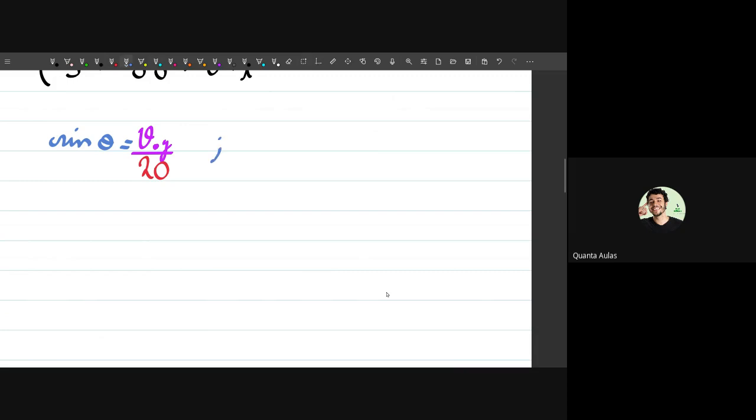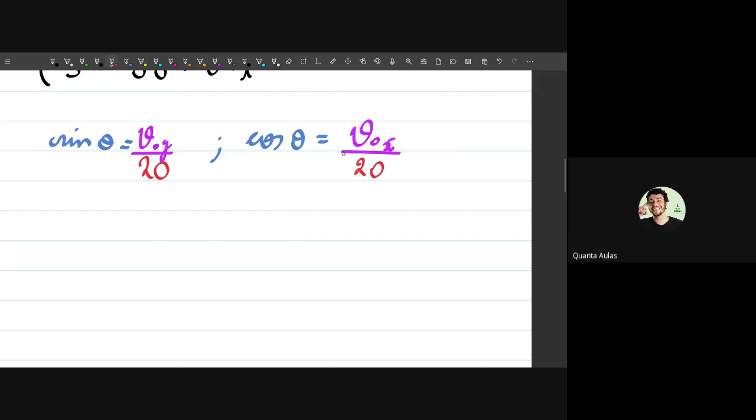You are a smart guy, you know the other thing. Cosine is equal to V0x divided by 20, because 20 is the hypotenuse of this situation. Okay? Do you understand everything? Amazing.